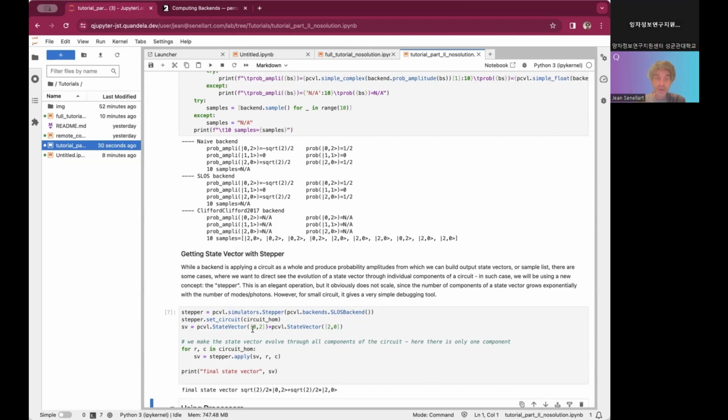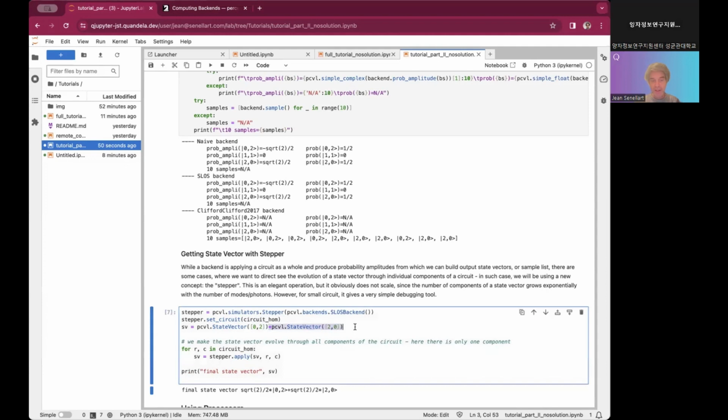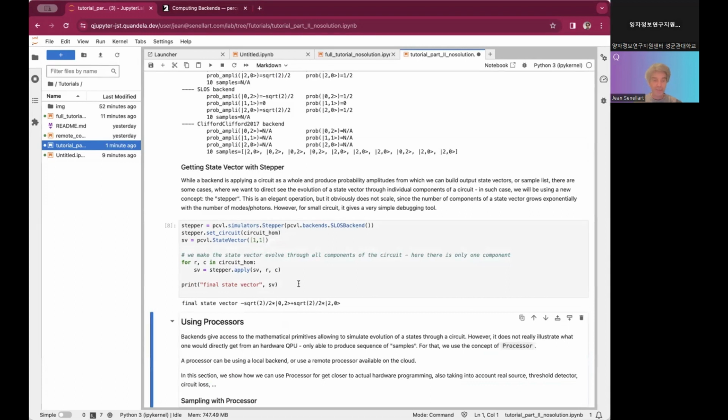With photons, there is no possible decomposition. The process applies instantly. So at the end you have the same result, but it's important to understand that the photonic is just one immediate application of a complex circuit and not some step-by-step process. Still, you can simulate it, and it's an interesting tool for debugging.